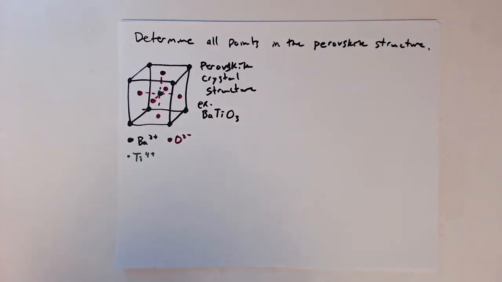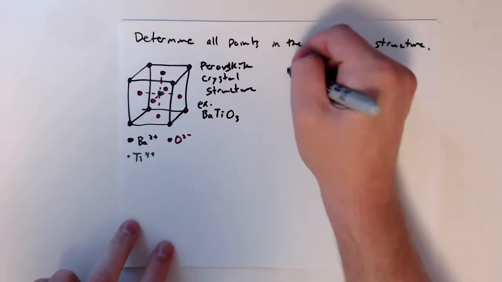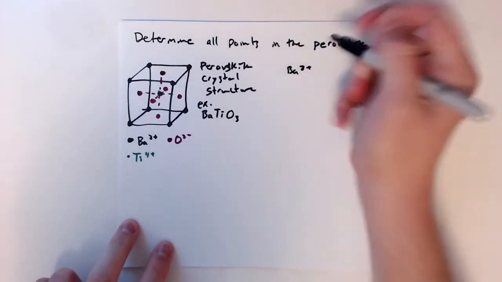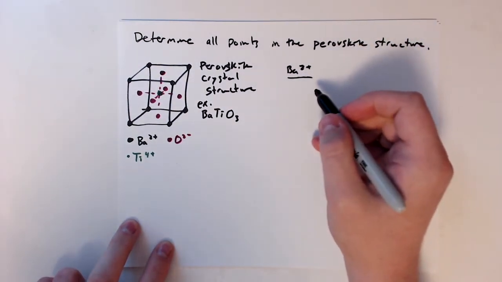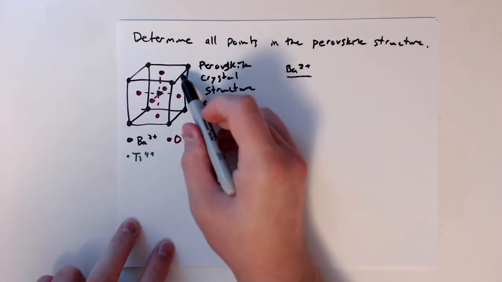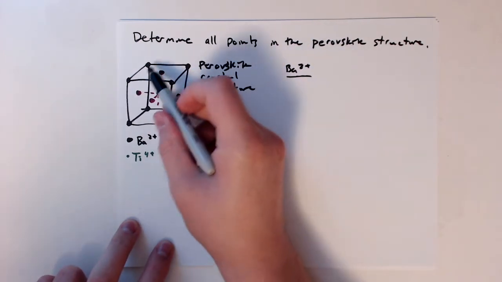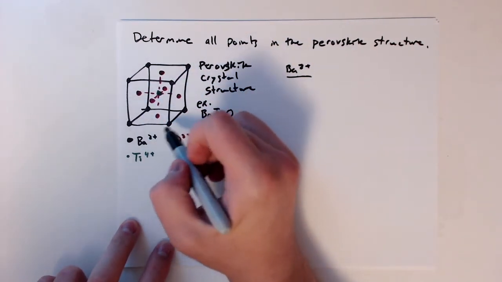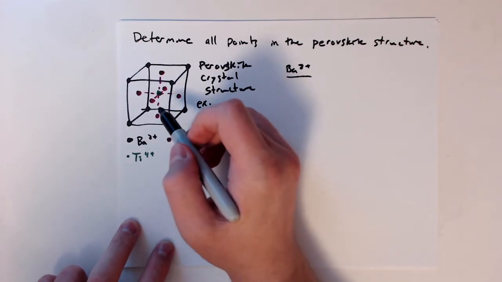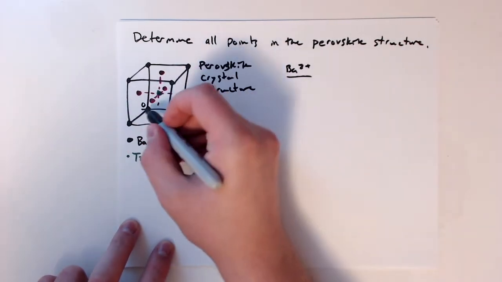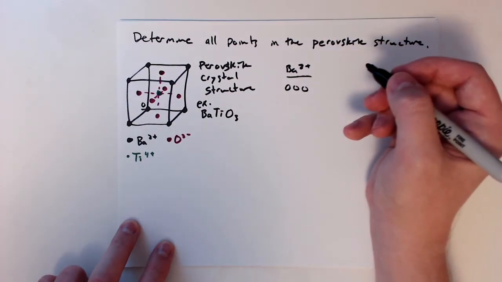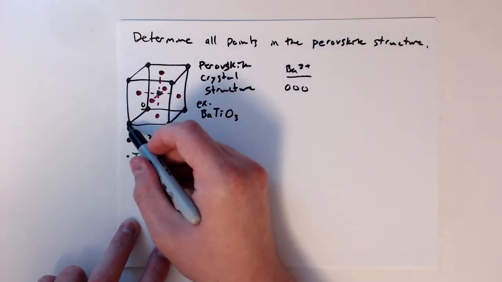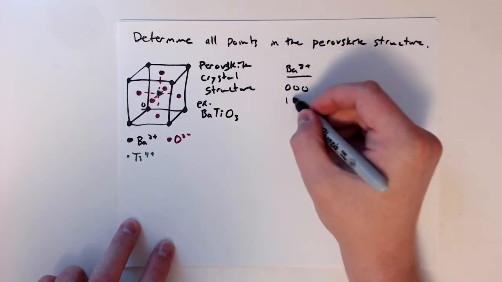Let's start with the barium 2+. These are the black points, and these are all of the vertices. So there should be 8, right? If we call this point down here the origin, that's going to be defined as 0, 0, 0. Then we're going to have all the vertices. That's going to be 1, 0, 0.